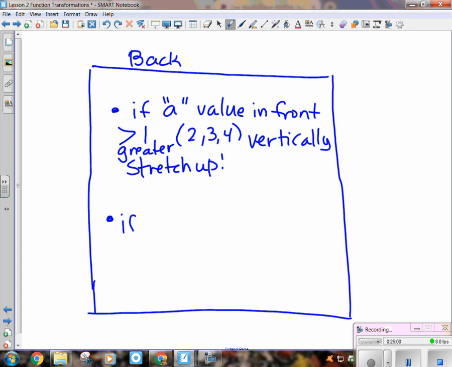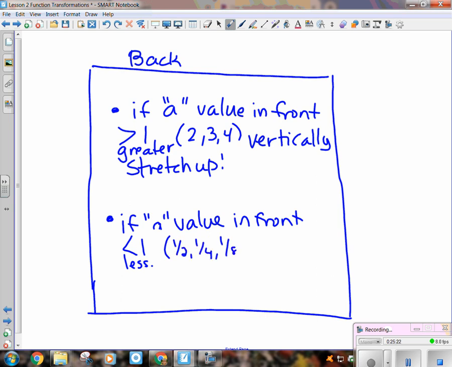What if the a value in front is less than 1? Not negatives, but just less than 1. That means like 1/2 and 1/4 and 1/8, like we were practicing.